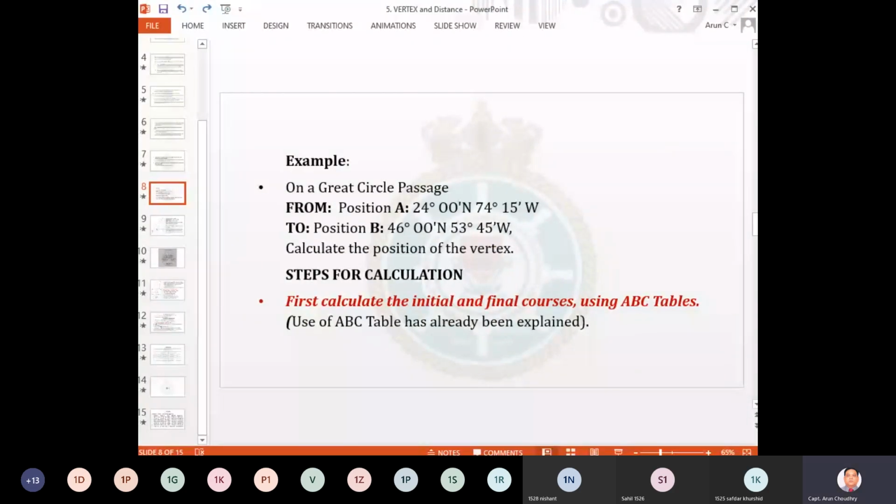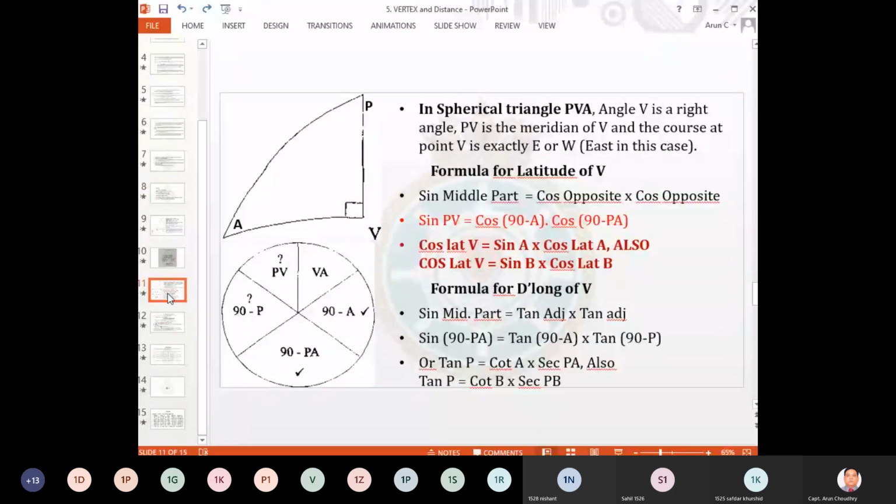Nobody has got the answer till now. Yeah, Sahil, we have got the value of PV, but we have to know the latitude.